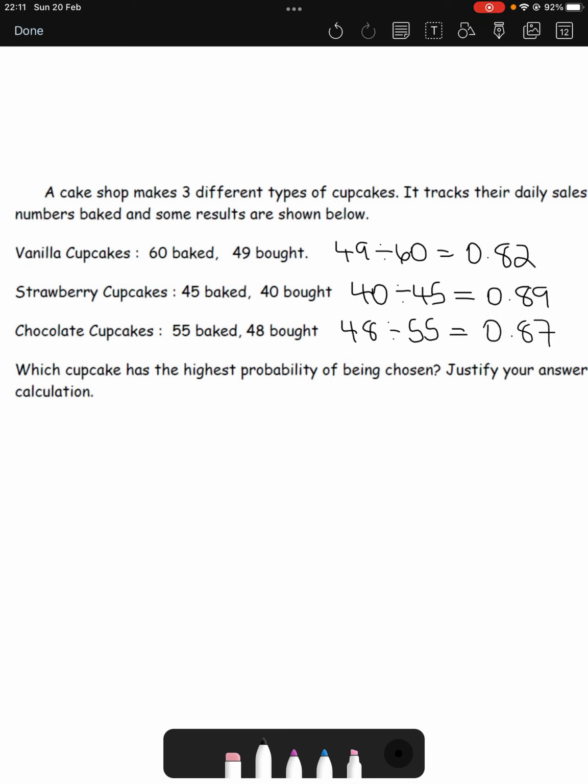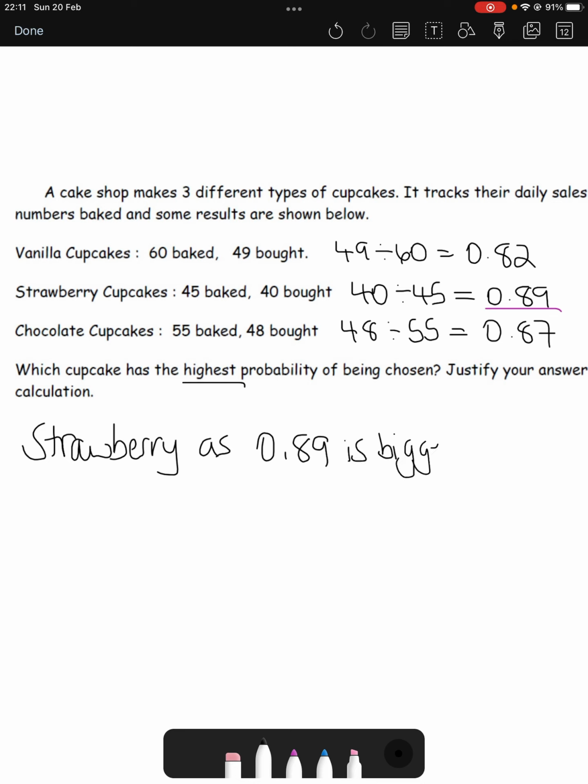So again, it says which one's got the highest probability. So we're looking for the one that's got the most, which is strawberry. So strawberry, as, and again, you're really spelling it out, 0.89 is bigger than or more than, whatever word you want to use. And just name the other 2 numbers.